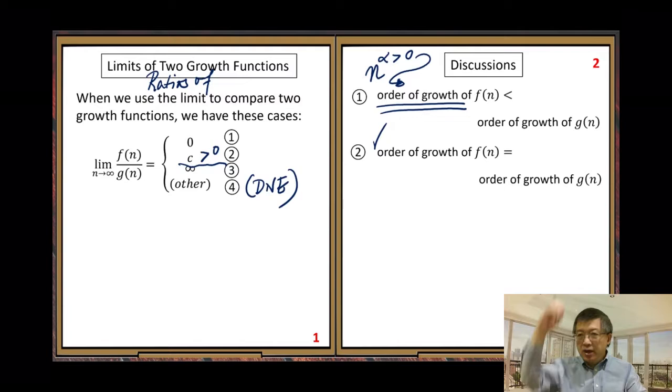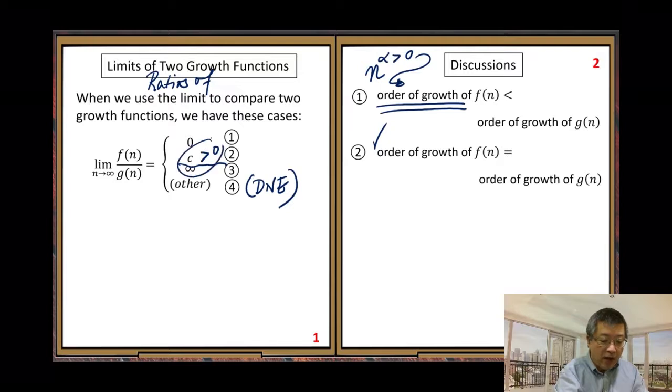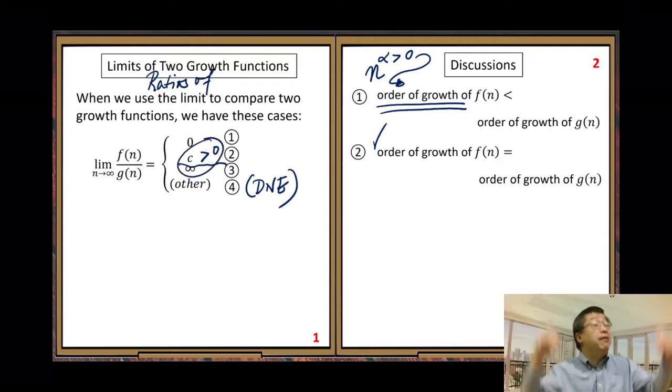Because the constant value does not matter here. Because here we look at a positive constant c. What is that value? You may ask me, how big? Or how do we characterize those positive constants?